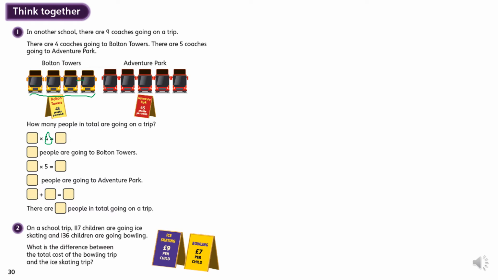And there are 48 per coach, so 48 people per bus. So I know that I've got to do 48 multiplied by 4, which again I'm going to do using the column multiplication method. You could also do this by doubling it and doubling it again if you are feeling confident with that. But for now, we'll do it this way.